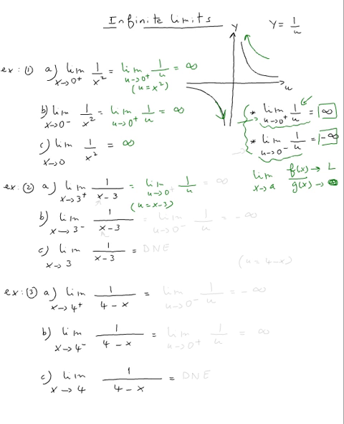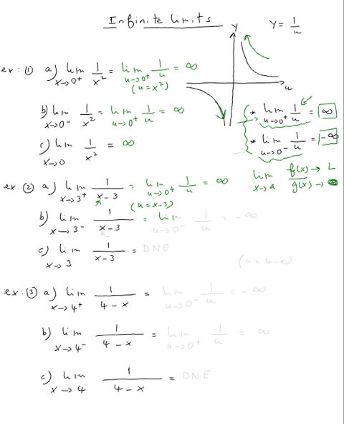When x approaches 3, x minus 3 approaches 0. The only thing we need to know is whether it's approaching 0 from the right side or left side. The quickest way to find out is to plug in any number on the right of 3, for example 3.1. 3.1 minus 3 is 0.1, positive, therefore 0 plus. And this is going to be equal to positive infinity.